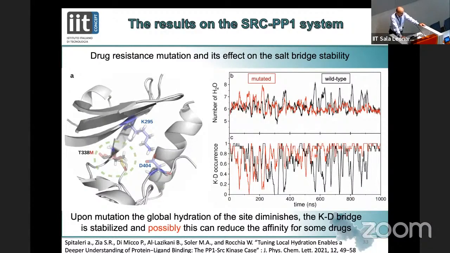If you look at the effect of this mutation, it actually makes the site a little bit more hydrophobic. And by making this, we did some analysis of plain MD of the hydration of the site in the two cases, and also of the probability of breaking of that salt bridge. And what we observed was lower hydration and less propensity of the salt bridge to break.